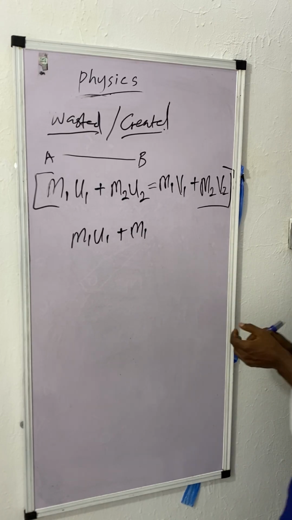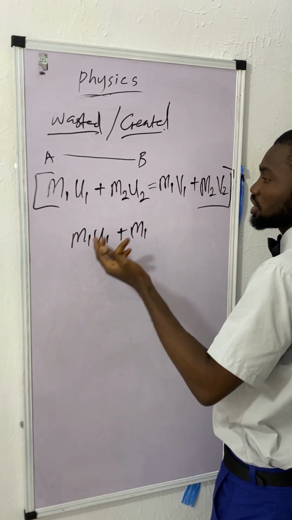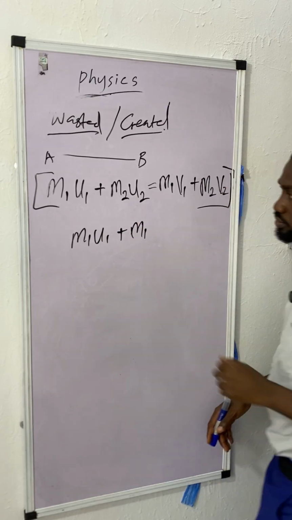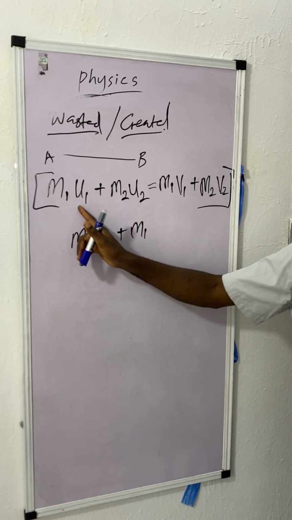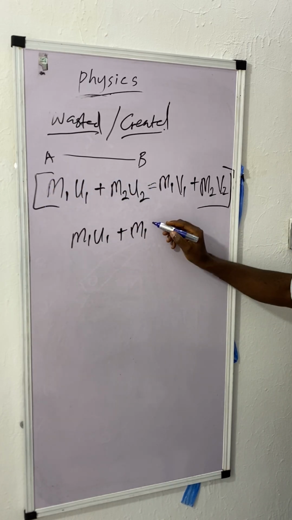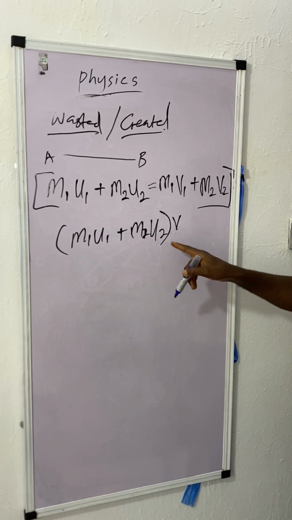Depending on what you are asked to solve, for example, if you are given only initial velocity 1 and you are told to find the second velocity, you can just use this one: u2. Then bracket close, you put times v.